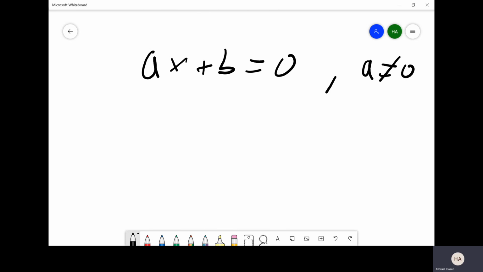If a is equal to 0, we're essentially getting rid of our variable, and we would just be left with, hypothetically, b is equal to 0, and that's nonsense, right? b is just some constant. If b were like 7, for example, we would have 7 is equal to 0, and again, that means nothing.